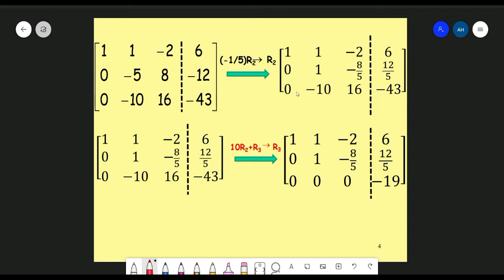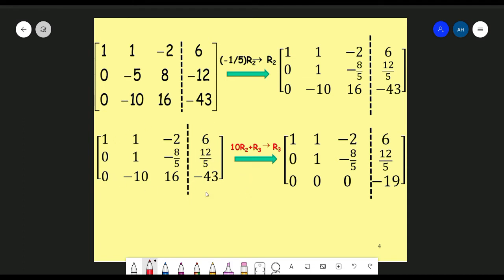And row number 3 is still 0, negative 10, 16, and negative 43. Now the leading 1 for row number 2 is this number, and we would like to have 0 below this leading 1. So let's copy this matrix again over here. This matrix and this matrix are the same.